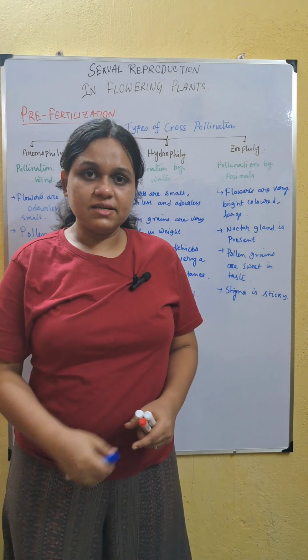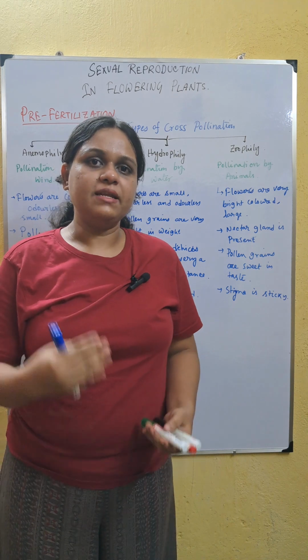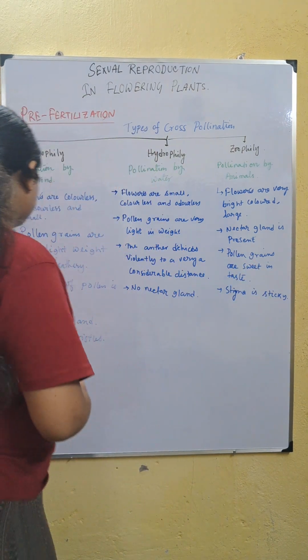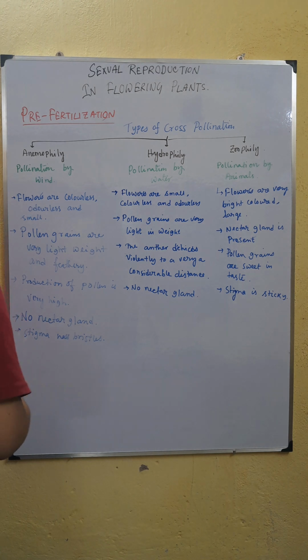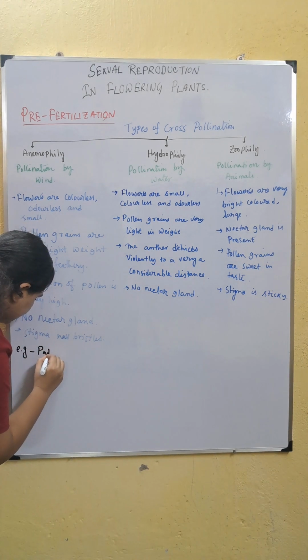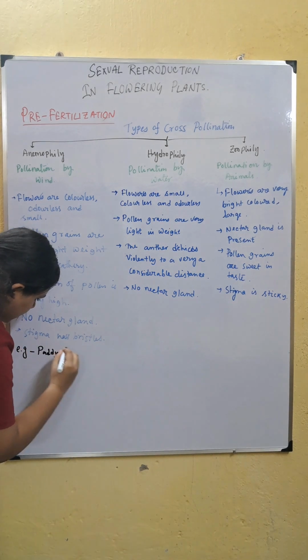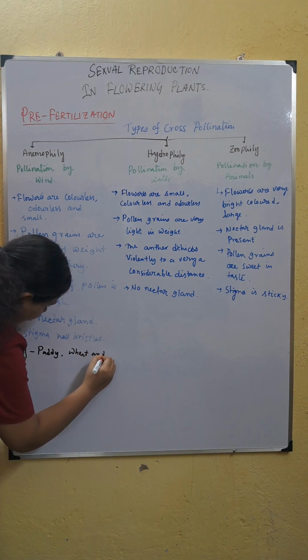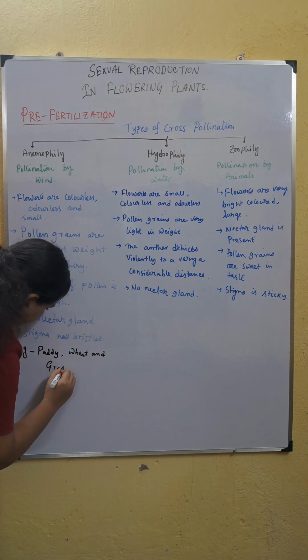So we have discussed the types and characteristics. Now we will discuss the examples. In anemophily, paddy, wheat, and grass are involved.